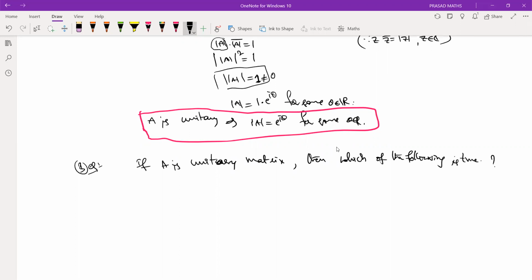First one, A, det of A is equal to 1 plus 2i. B, det of A equals 1 by root 2 plus i into 1 by root 2.